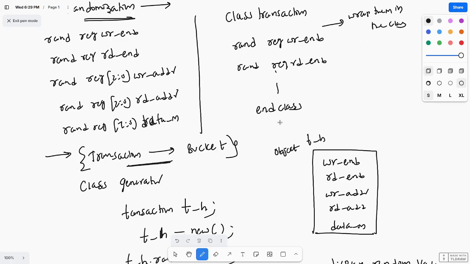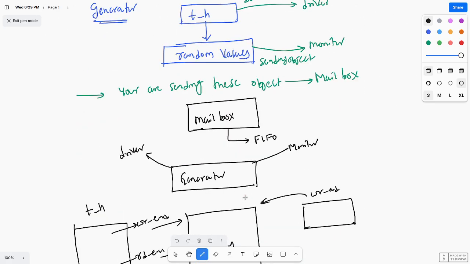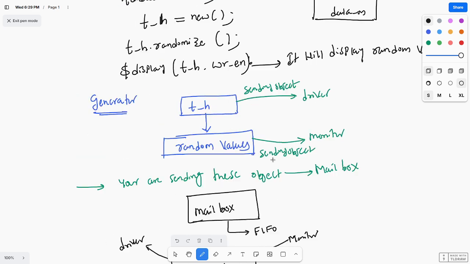Transaction is nothing but a bucket. We create the class, create the handle, and with the help of the handle I create the object, randomize it, and display the values. The generator will send all of this to the design. So this is about the test bench.